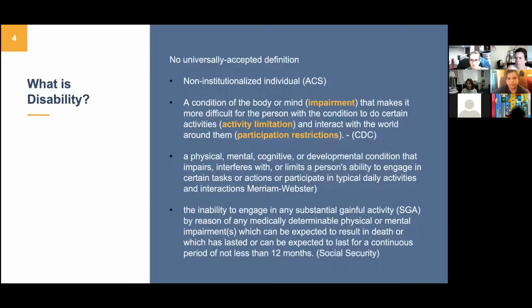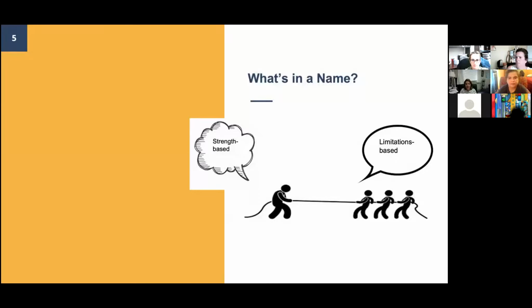So in all of those, as mentioned, there's not one that is universally accepted, but you need to find your definition and look for data and statistics that use that same definition. That can be a challenge. Like I said, our services are becoming strength-based, while our definitions and even some of the eligibility criteria within the area of disability are really focused on limitations.